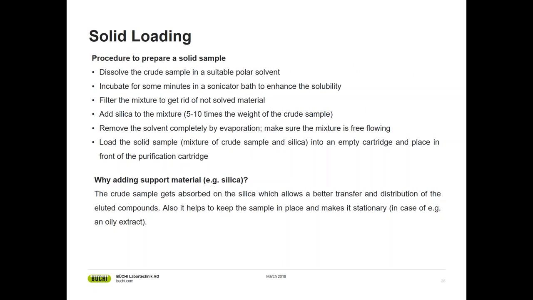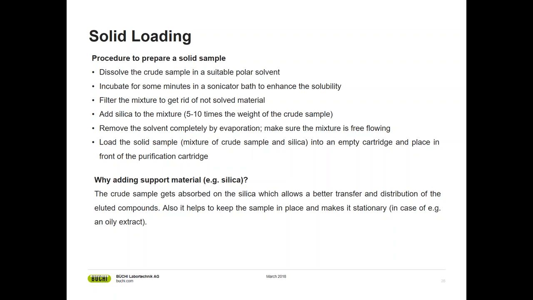Now, how is the procedure for preparing a solid sample? What you do first is you dissolve your sample in a suitable polar solvent. You incubate it for some minutes and maybe you're using a sonicator bath to get it completely solubilized. You filter the mixture to get rid of the non-soluble material, and then you add the support material, the silica.